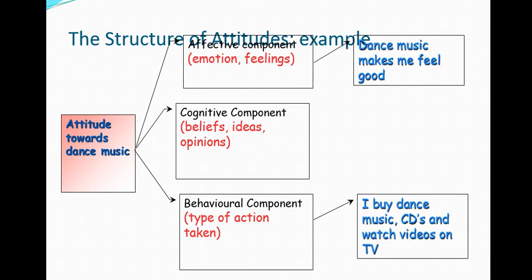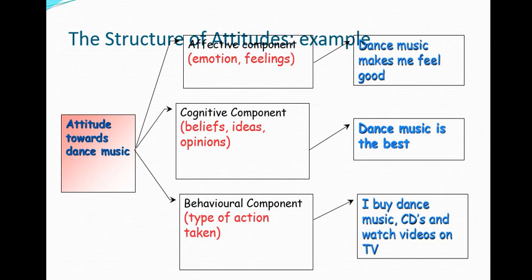And because dance music makes me feel good and I cannot go and dance in a club anymore because I'm too old, now I'm going to buy videos and watch videos on TV, on YouTube, and I'm dancing in my room. So I don't like any other music. I like dance music. Can I be more specific? Yes, I can be more specific.